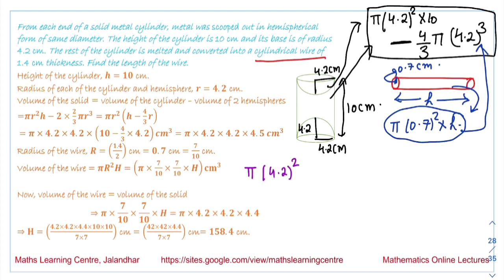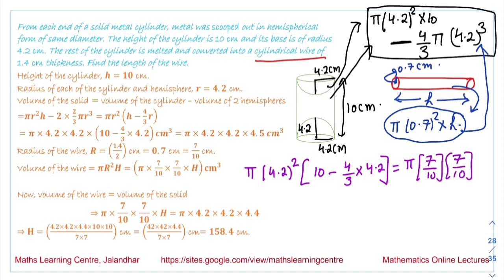4.2 square common, what we are left with is 10 minus 4 by 3 into 4.2. This is equal to pi into 7 by 10 into 7 by 10 into h. So first of all this pi gets cancelled, and this 3 and 42 get cancelled, and we are left with 1.4.